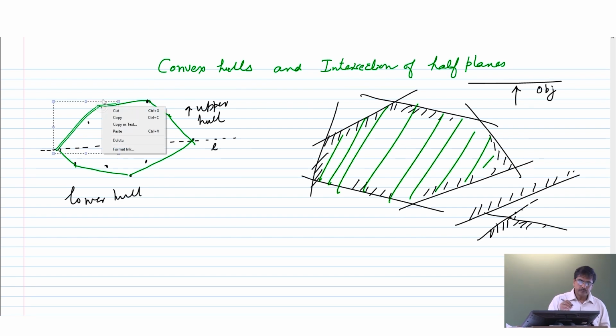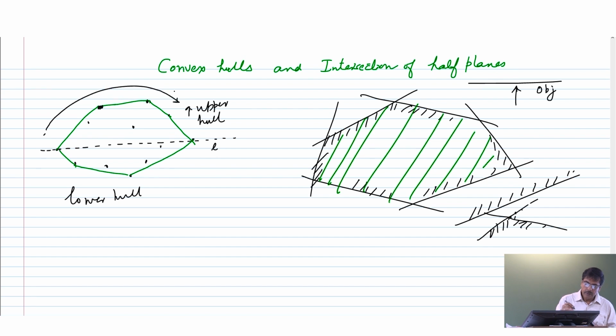Now, this upper hull structure is this chain, right. Now, if you look at the corner points of the convex hull, when I apply the dual transform, see, the corner point is what?